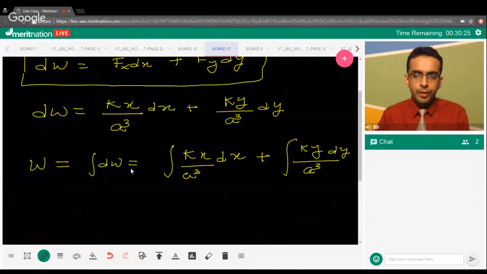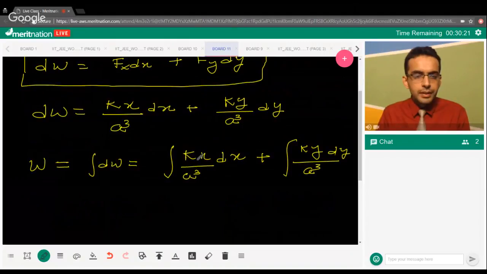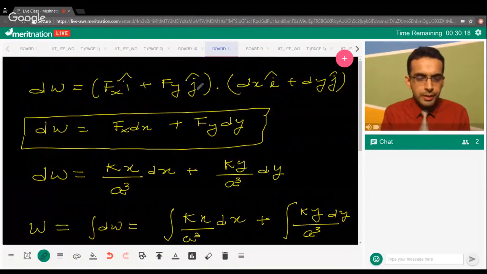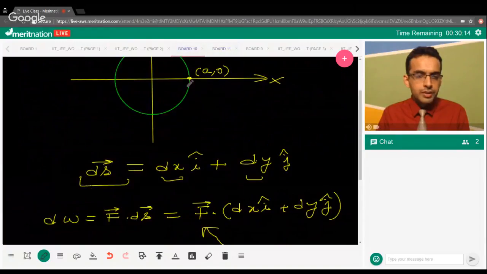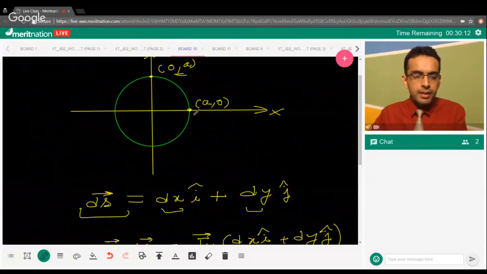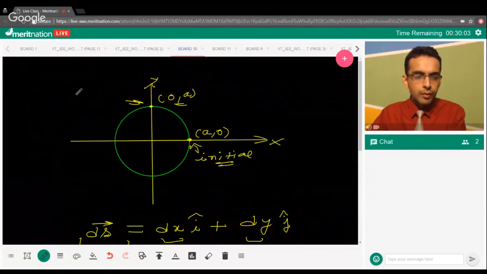Now students, what should be the limits of this integration? You can see from this diagram that this point is the initial position, and this one is the final position.